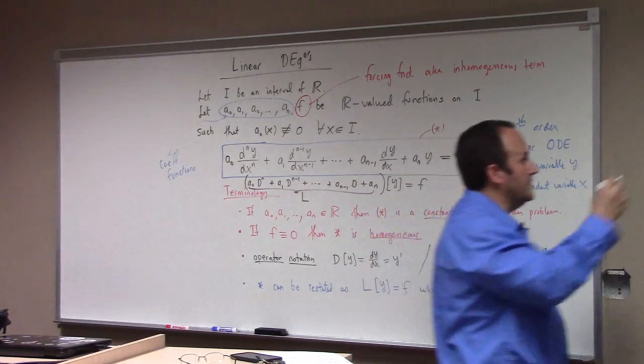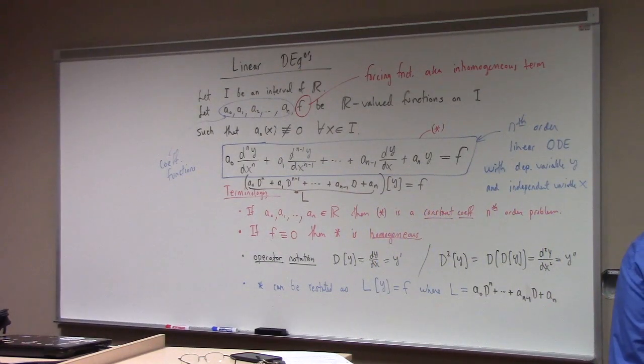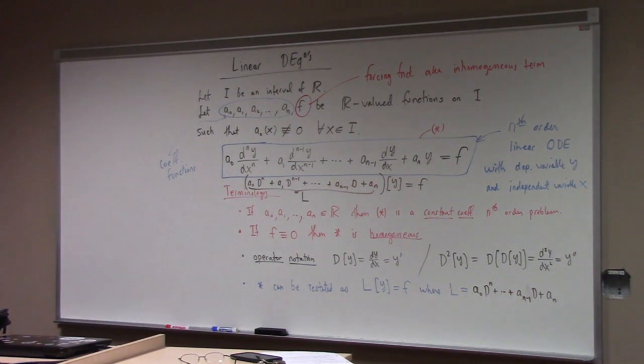So, definition: L is a linear operator if L of C1 Y1 plus C2 Y2 is equal to C1 L of Y1 plus C2 L of Y2.